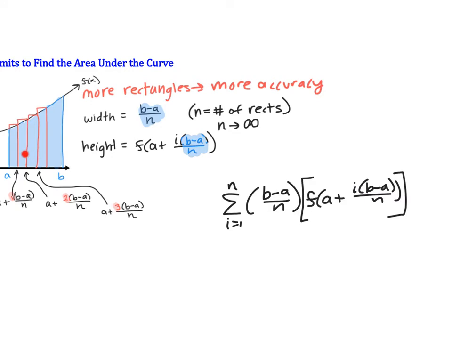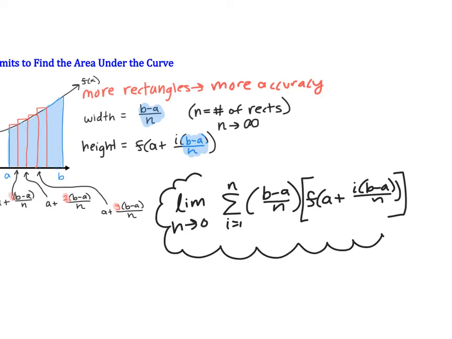For the second term or rectangle, i will be 2. For the 50th term or rectangle, i would be 50. And then, of course, since we are trying to make this as accurate as possible, we're going to find the limit of this summation as n approaches infinity. So this is the formula that we can use to calculate an extremely accurate area under our curve.